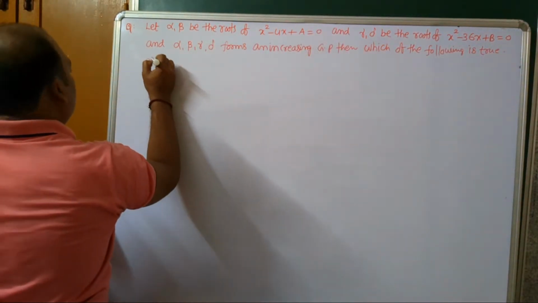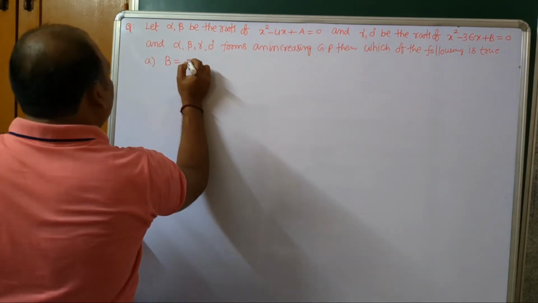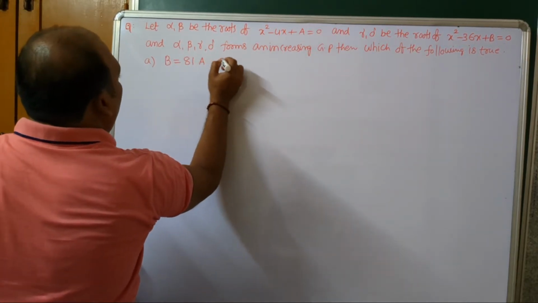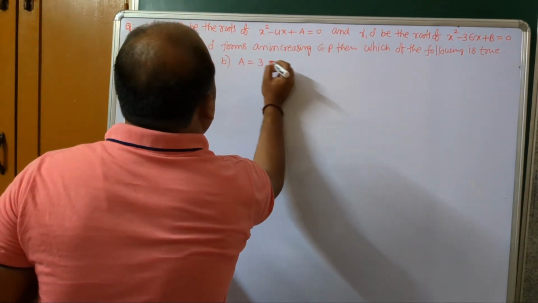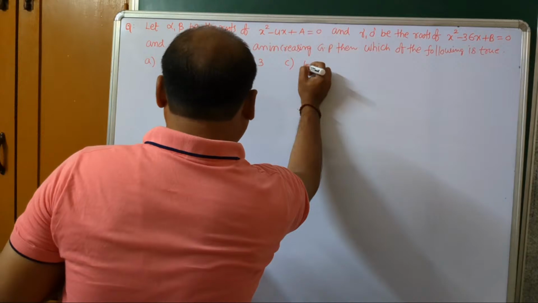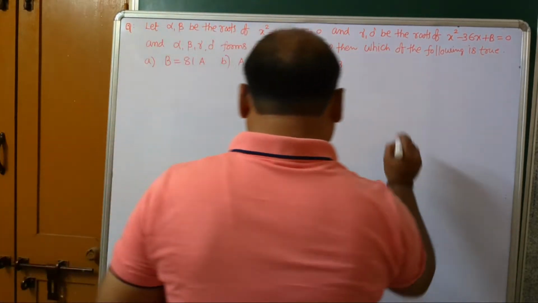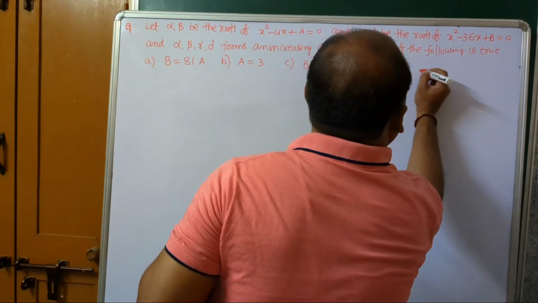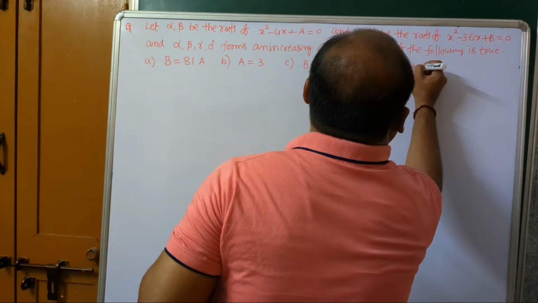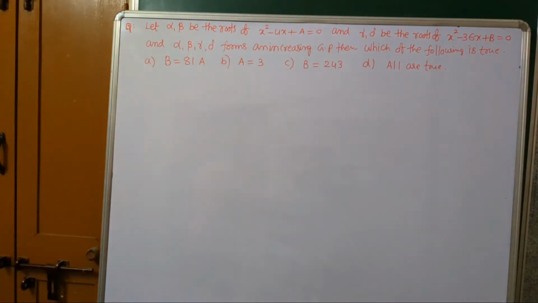The first option is given: b equal to 81 times a. The second option is given: a value 3. The third option is given: b equal to 243, and the fourth option is given: all are true. So this is the way they are asking the question, dear students.